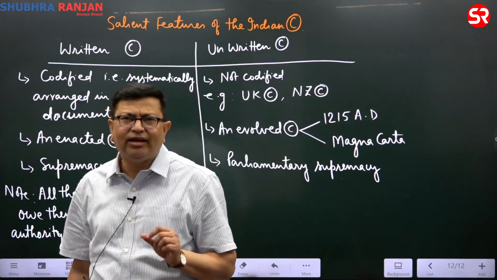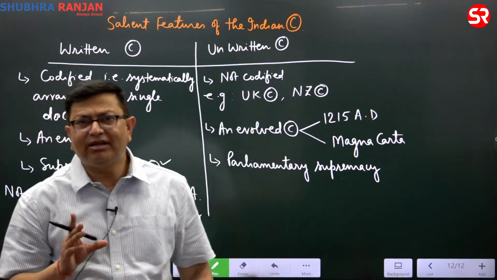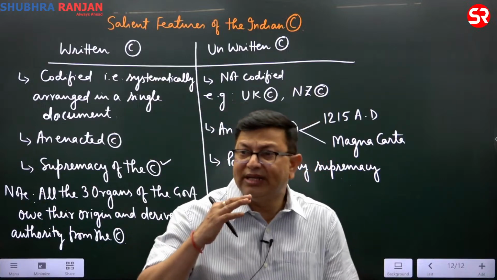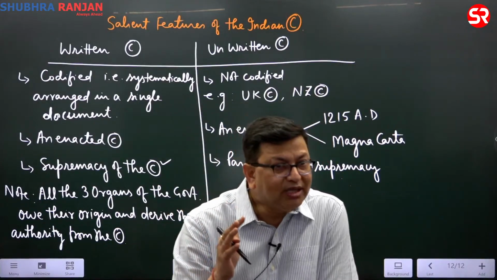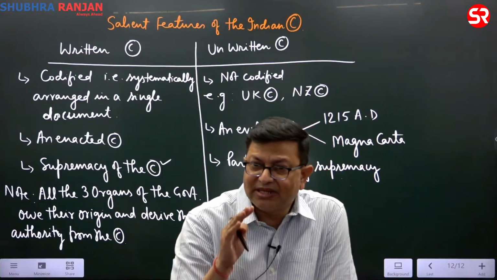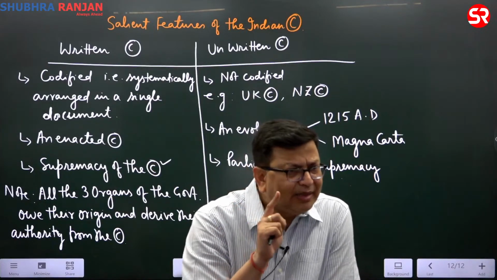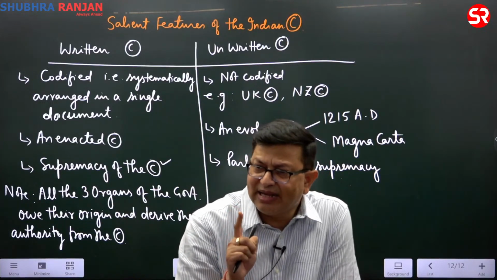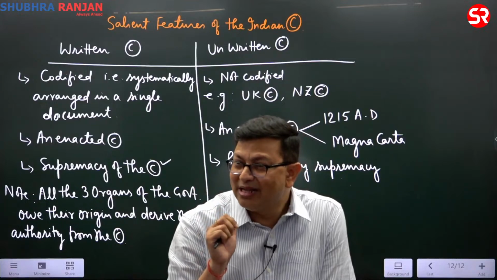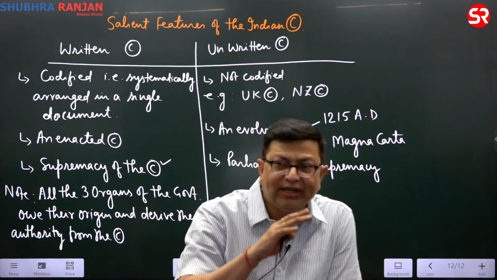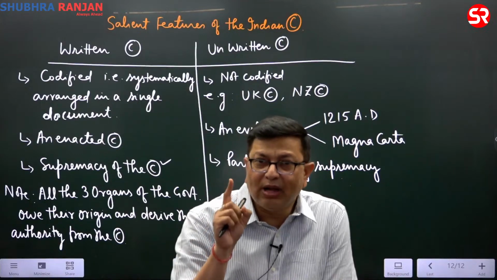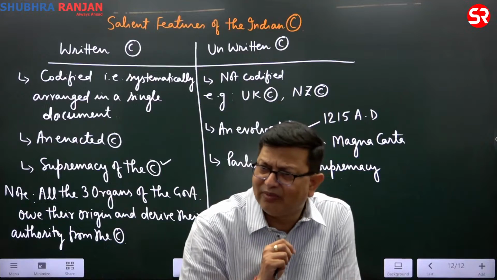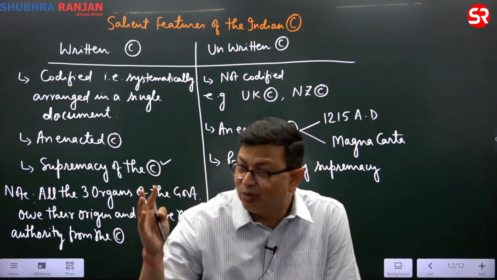No doubt in India, there is a perception among certain sections of people that the judiciary is supreme, because the higher judiciary has the power to review the laws made by the legislature as well as decisions of the executive. That is why people feel that the judiciary is supreme. But who has given the judiciary this power? The constitution has given this power. So the constitution is supreme.